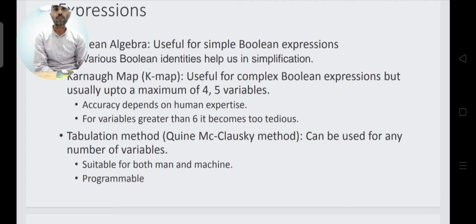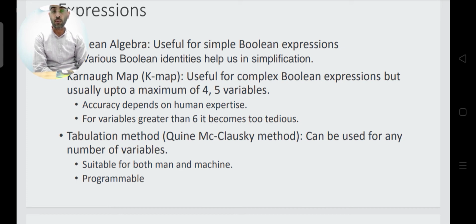But suppose you are implementing a processor for a computer, let's say. It will have a larger number of variables, because nowadays computers are 64-bit.